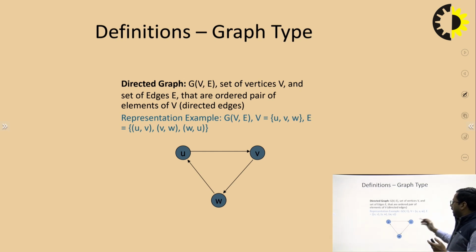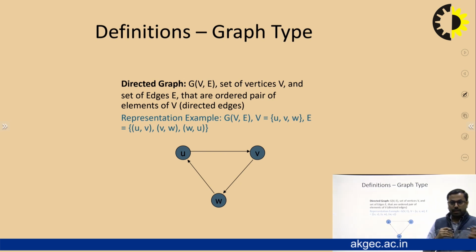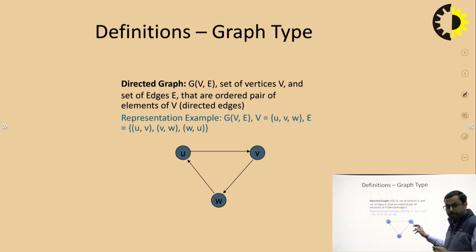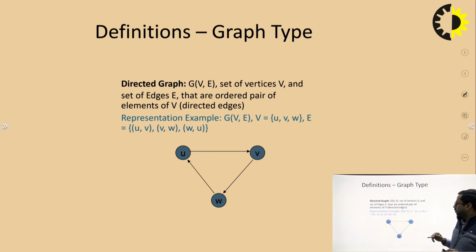That means a graph is a directed graph if it contains directed edges between the nodes, represented with directions. Here there is an edge from u to v, so u to v exists, but v to u does not exist in the directed graph. We can check this from the direction.